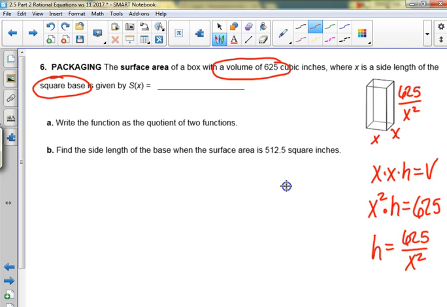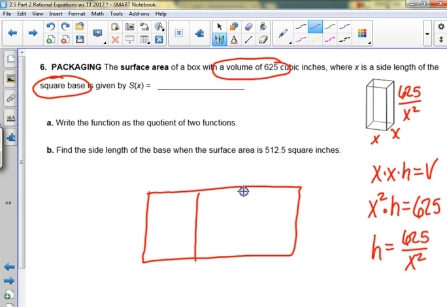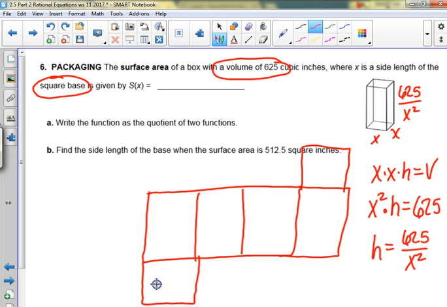All right, we're supposed to write the surface area. Does anybody remember how to even find surface area of a box? Okay, it's a box of cereal that I decided to flatten out to put in the recycling bin more effectively. Okay, but it's a weird cereal box because it's a square.